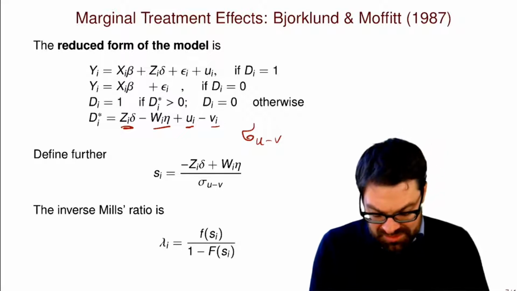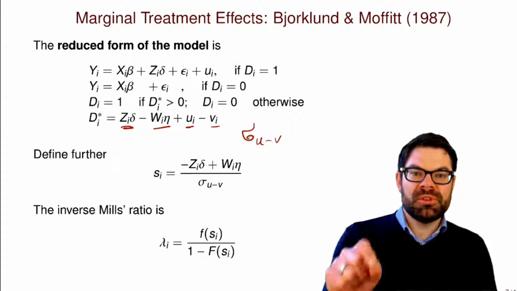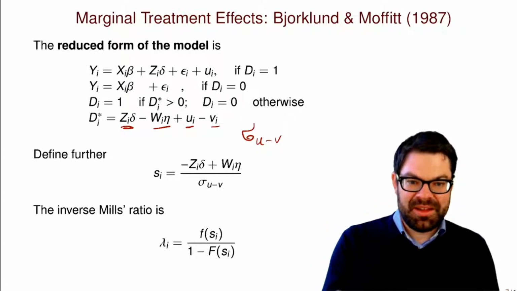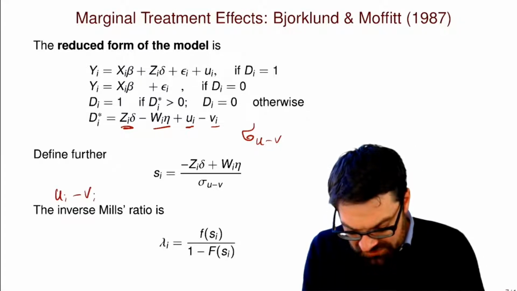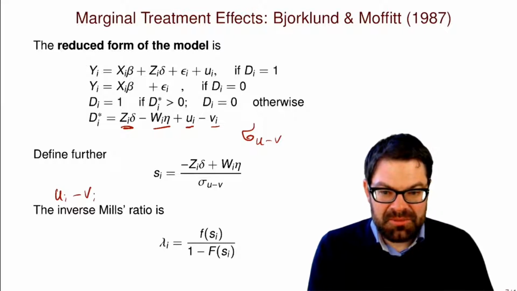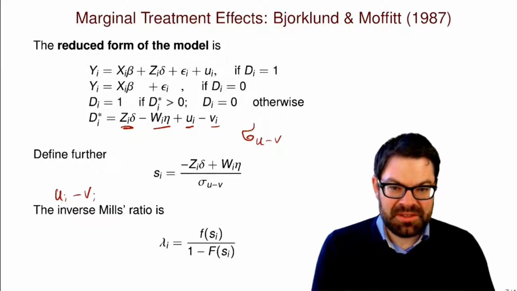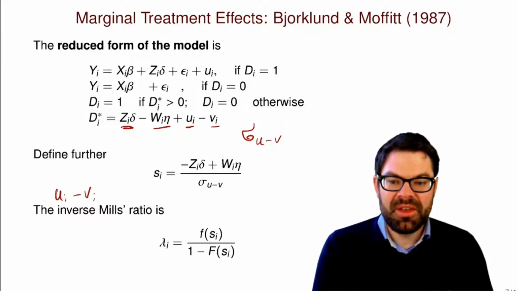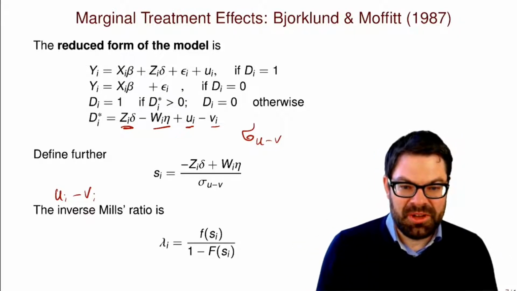So think about those two individual-specific costs and gains as the following: Ui minus Vi. I will take the treatment if the gains are larger than the costs, and I will not take the treatment otherwise.